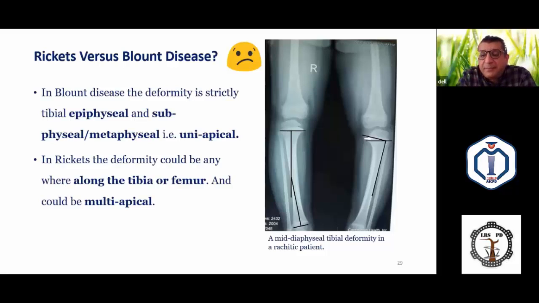You see here in this patient, he has a mid-diaphyseal tibial deformity. This should not be present classically in Blount disease, unless he also has a rachitic deformity. And as we said, he can have multiple foci of deformity in other bones.